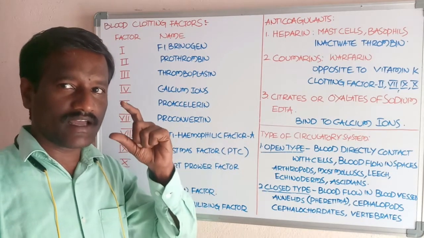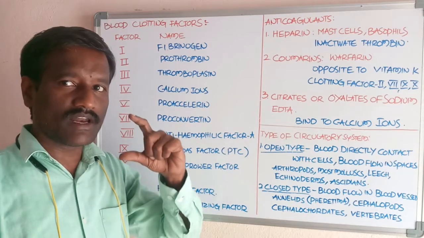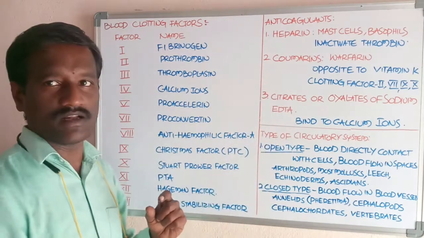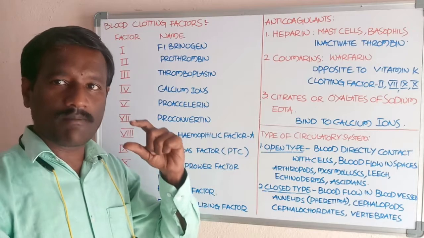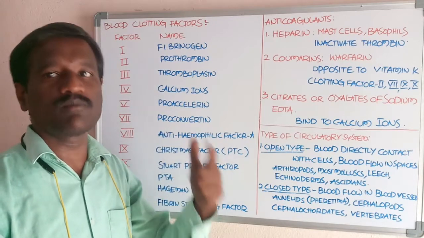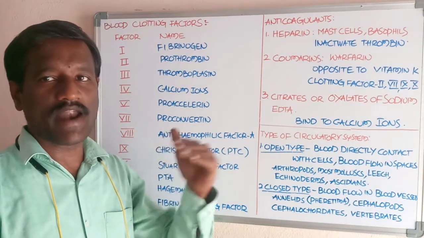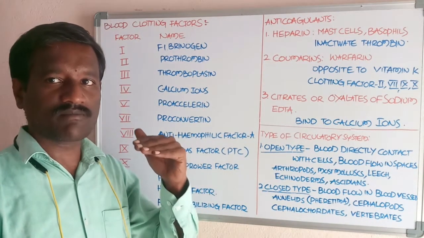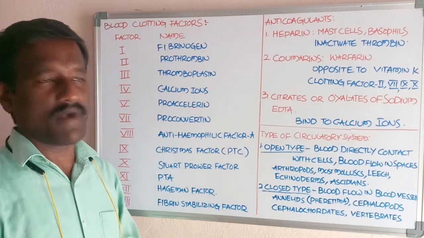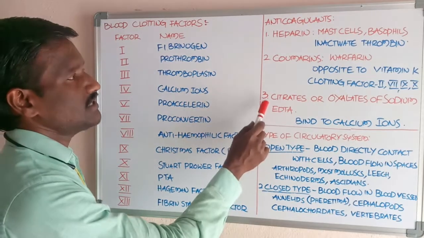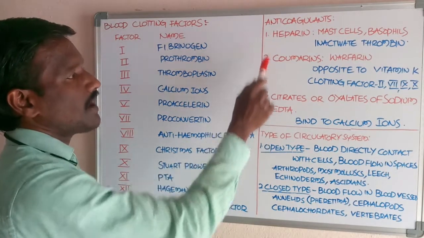Entire calcium ions are totally bound with these chemicals. Now the blood has unavailability of calcium ions to clot the blood, to form the clot of blood. Students, this is the account on the anticoagulants.